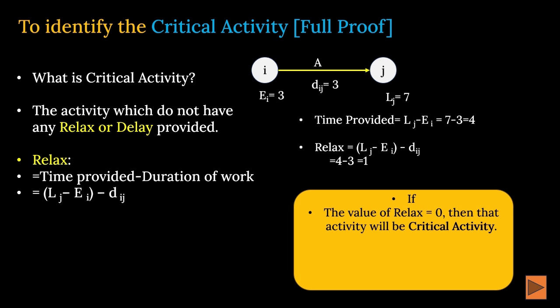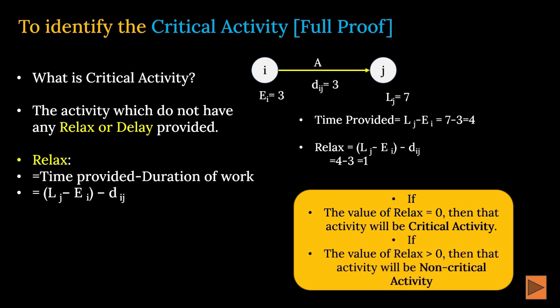If the relax is 0, that becomes your critical activity. If the value of relax is greater than 0, then that activity becomes a non-critical activity. Very simple. So by applying the calculation to A, we have seen that it was not critical. So one more foolproof method we have discussed: we calculate the relax, not the slack.